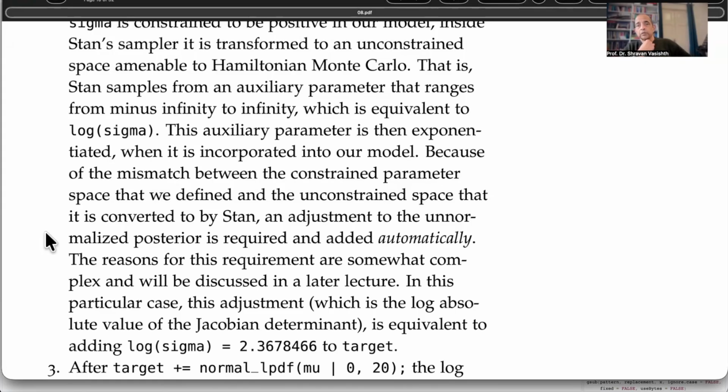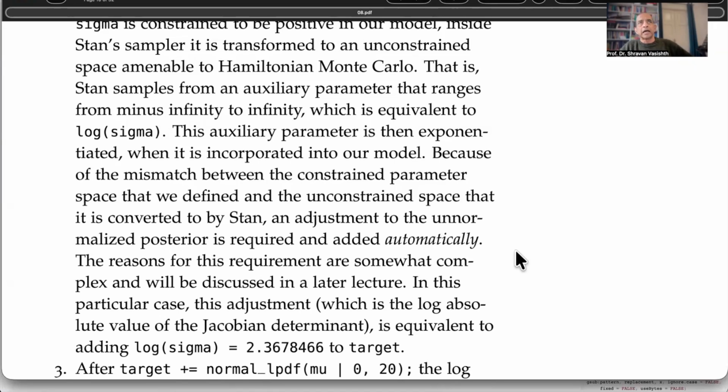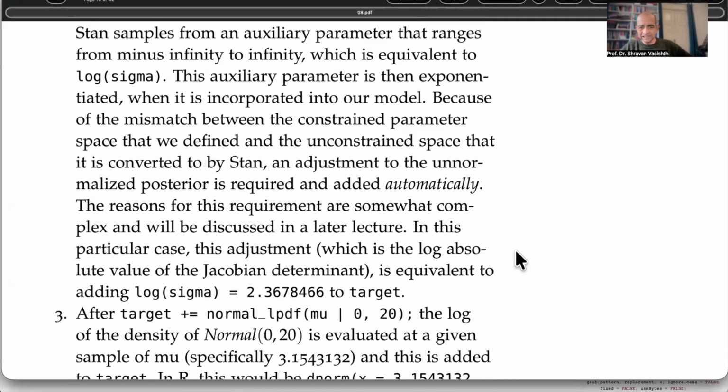We will talk about that later on in the course. So right now, let's ignore all those details. Some transformation has to be done, and a correction has to be made, and that correction is called the Jacobian adjustment. It's not important right now.